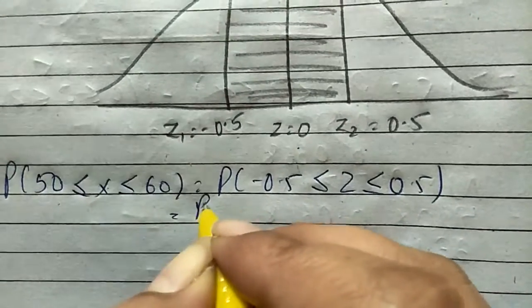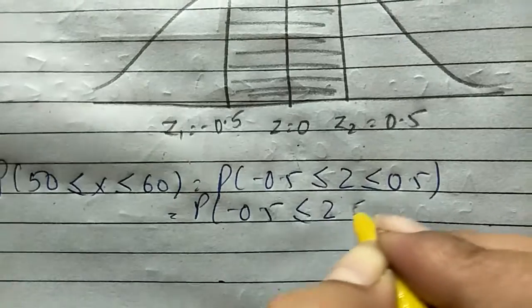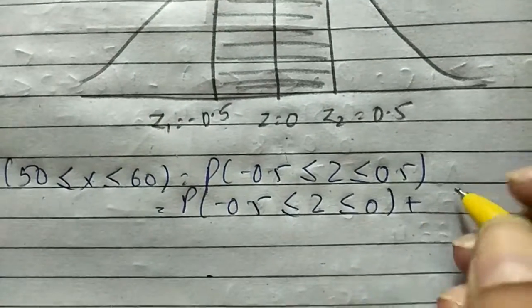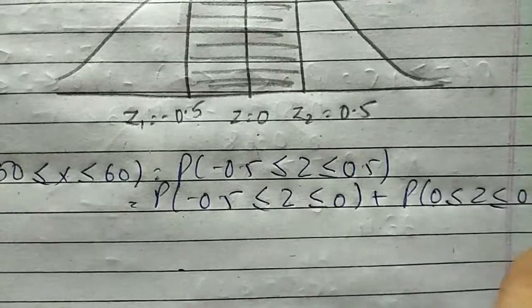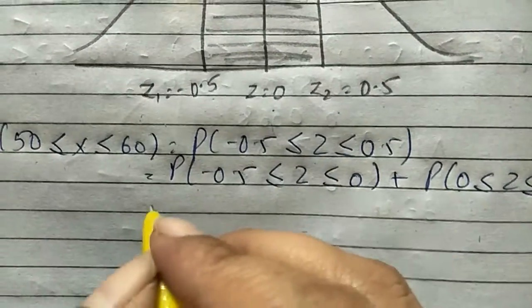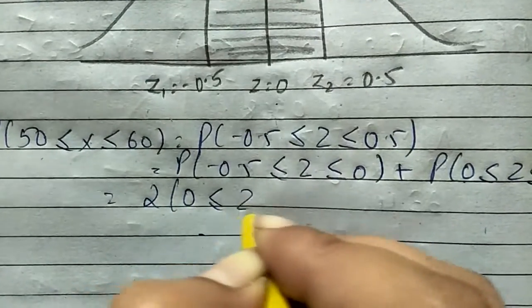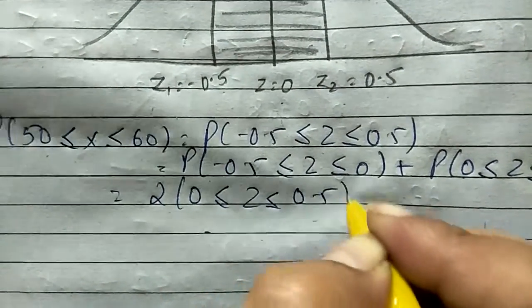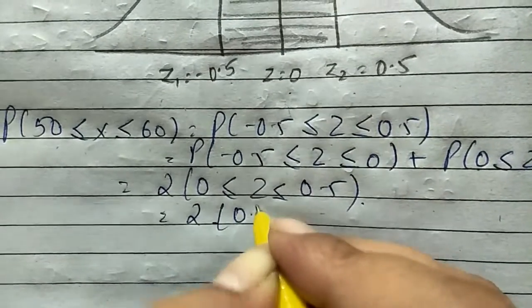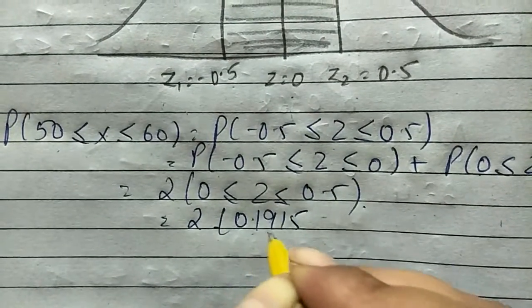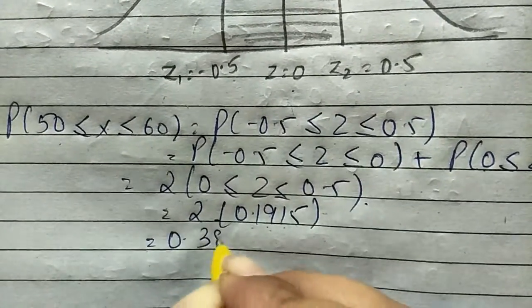that is P(minus 0.5 ≤ z ≤ 0) plus P(0 ≤ z ≤ 0.5), that gives us 2 times P(0 ≤ z ≤ 0.5). Answer comes to 2 times 0.1915, that is 0.3830.